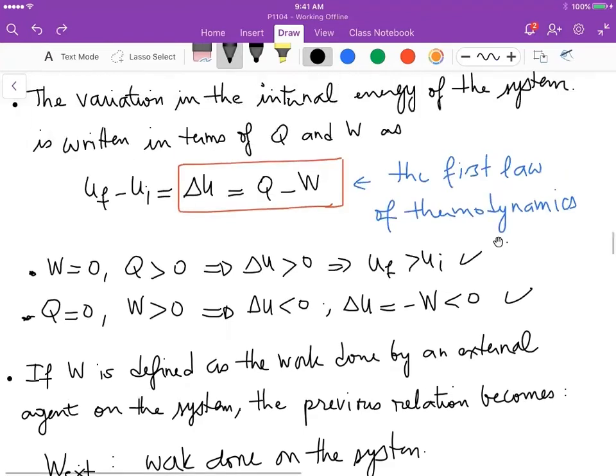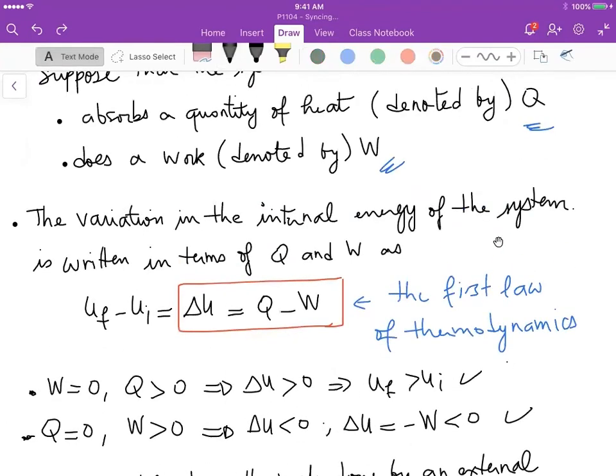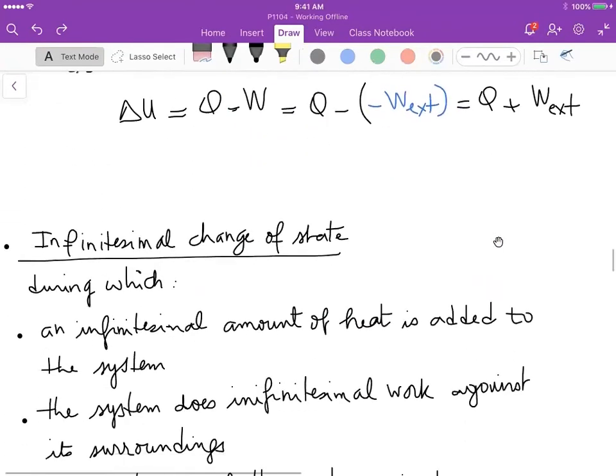We are going to use all the time only one version of the first law of thermodynamics اللي هي given by delta U equals Q minus W, where Q is the heat added to the system and W is the work done by the system. إذا هو قالنا بالgiven إنه ال work is done on the system فإذا بنحط مباشرة W negative value. يعني إذا كان قالنا مثلا the work done on the system is equal to 10 joule, then we can write down W equals minus 10 لحتى نقول إنه this is the work done on the system. وساعتها بنستخدم بس هيدي الريليشن بشكل coherent ومن دون ما نوجع راسنا.